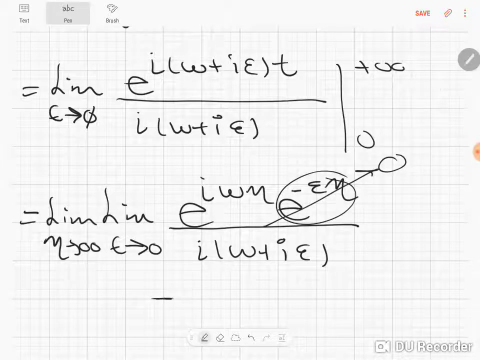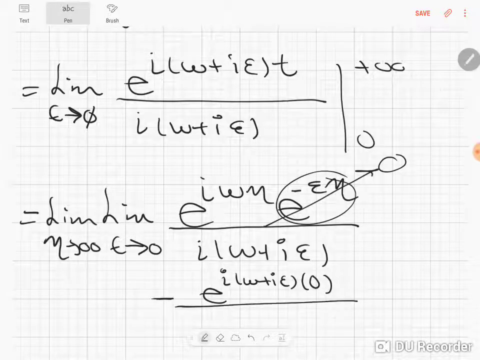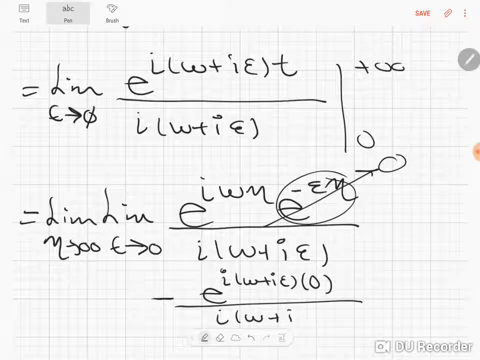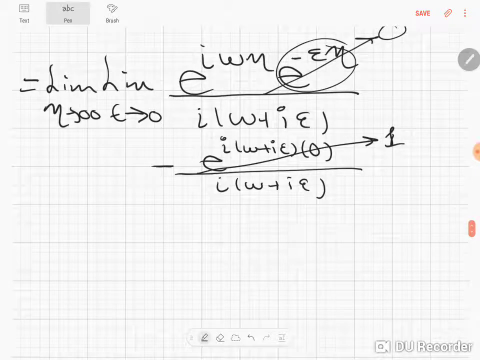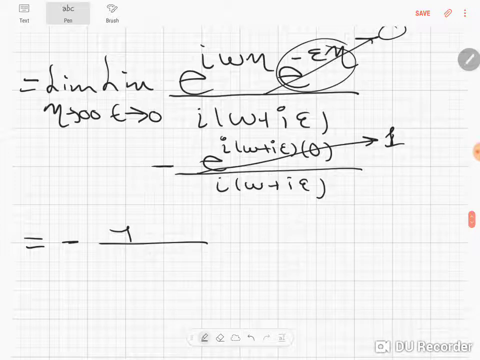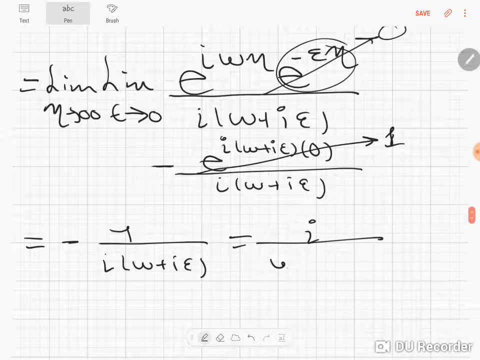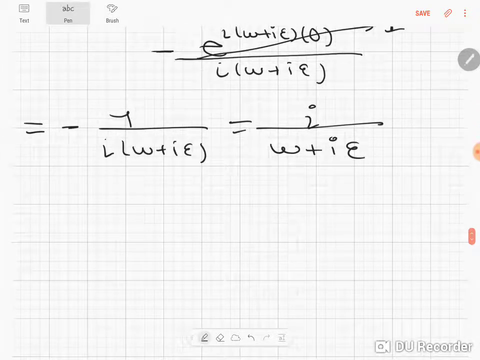Then if I replace in the other limit, I subtract minus e to the I omega plus I epsilon, everything times 0, divided by I omega plus I epsilon. This gives 1. And then we have our answer, which is minus 1 divided by I omega plus I epsilon, or this is equal to I divided by omega plus I epsilon. So this is what theta of omega is.